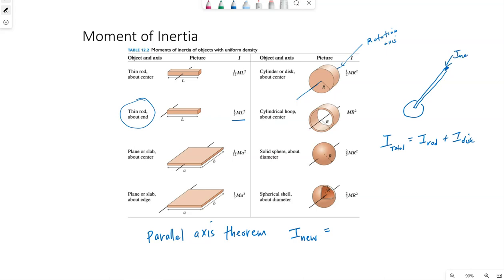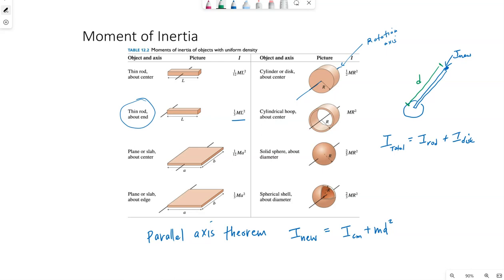Here, I new for the disc would be up at the end of that rod. I new is always equal to the I that is valid for rotation around the center of mass, plus md squared. M is the mass, d is the distance from the new axis to the center of mass.